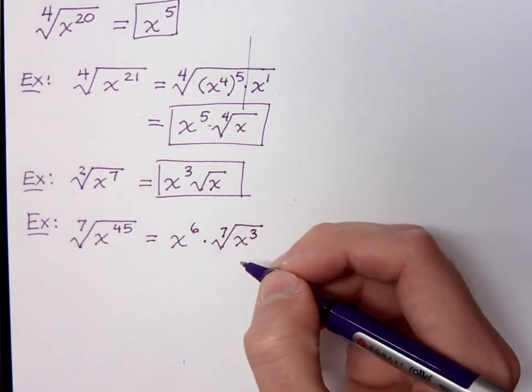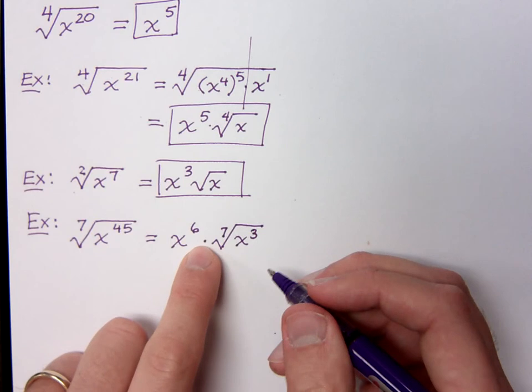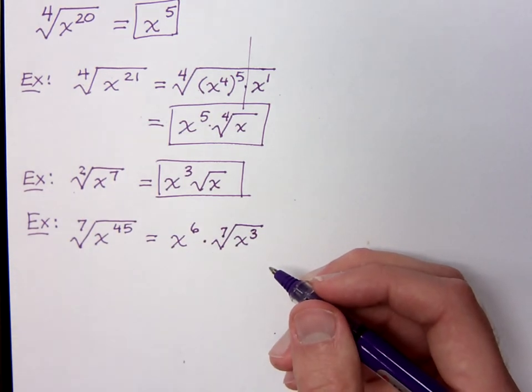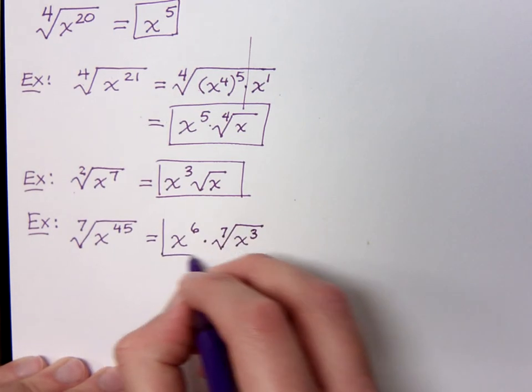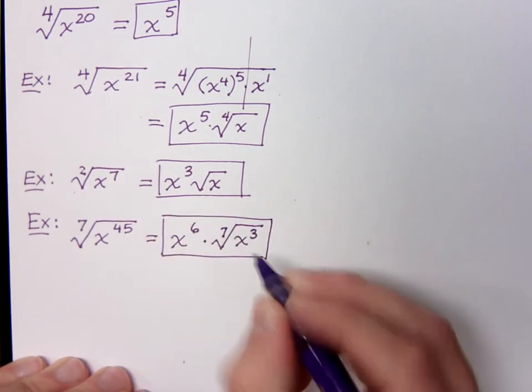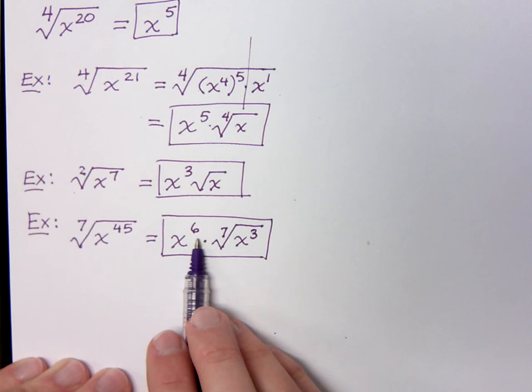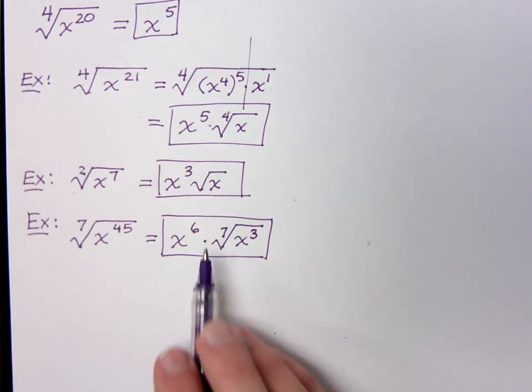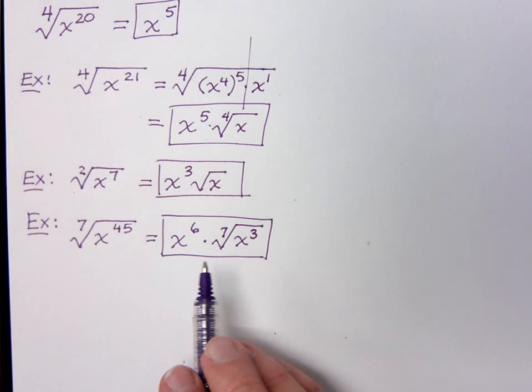Index of 7. Now, students will ask me, do you need this multiplication symbol here? The answer is no. I put it there just so that we have a little bit of separation, so you can clearly see this is my exponent and that's my index. Because sometimes when we write too fast, we smash things together, and it's very difficult to read.